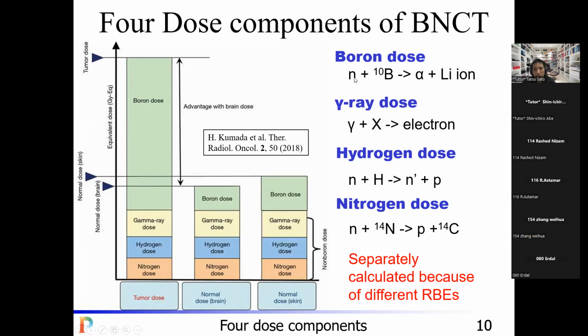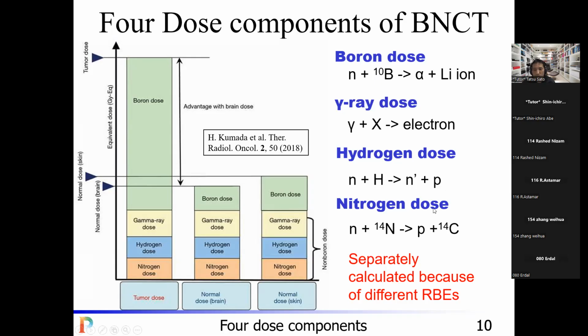For the boron dose, it is the boron capture reaction dose. The gamma ray dose is just photon or electron, in the precise sense, electron dose. And the hydrogen dose is from neutron elastic reaction by hydrogen, elastic or inelastic, and the proton is generated.